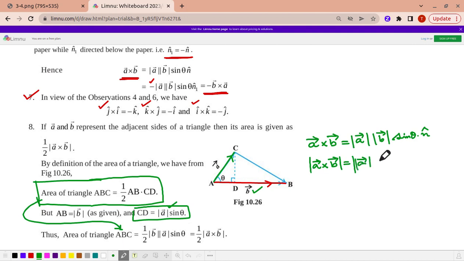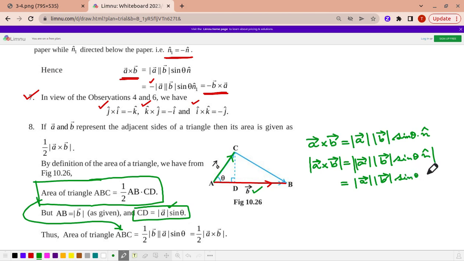So, I can write like this, mod of A, mod of B, sin theta and n cap. Anyway, sin theta will be positive. Why? Because theta is in between 0 to pi.